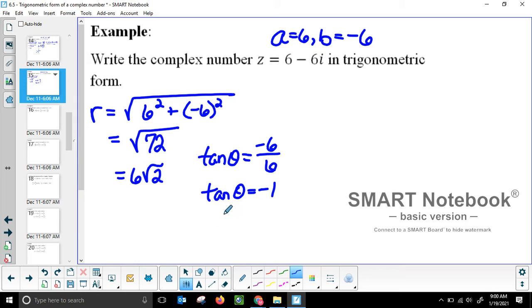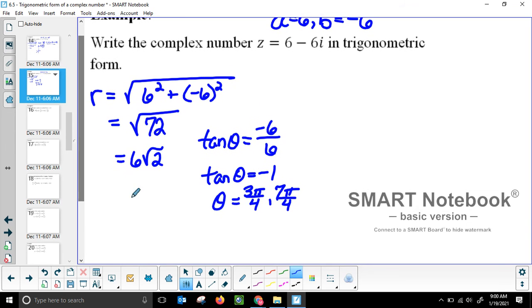All right, well, tangent is equal to negative 1 at a couple of places on the unit circle, namely 3 pi over 4 and 7 pi over 4. All right, so this would be in the second quadrant, and this would be in the fourth quadrant. Okay, so if I went to actually graph this, 6, negative 6 would be down here.